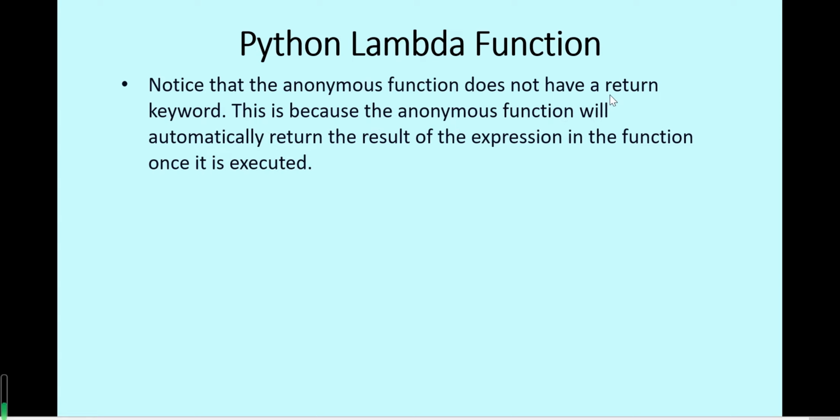So this is the difference between a Lambda function and a function using the def keyword with a function name. Lambda function has no return keyword. This is because the anonymous function will automatically return the result of the expression once it is executed.